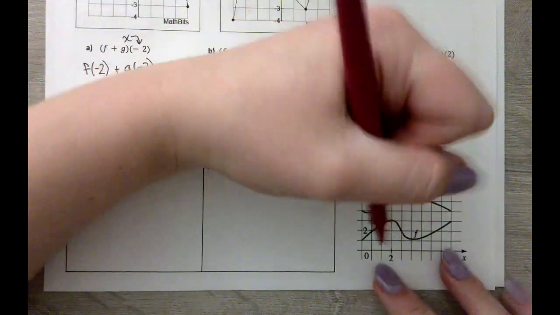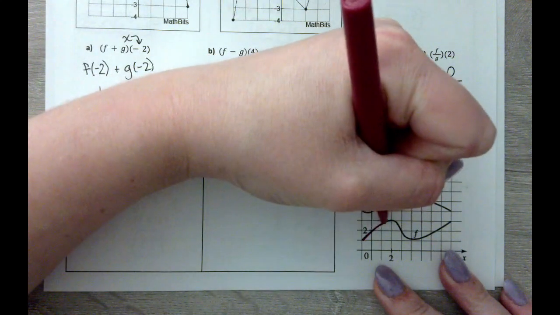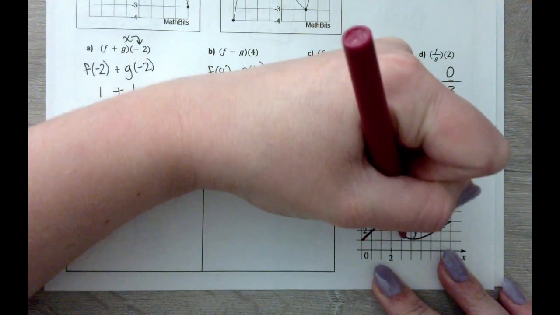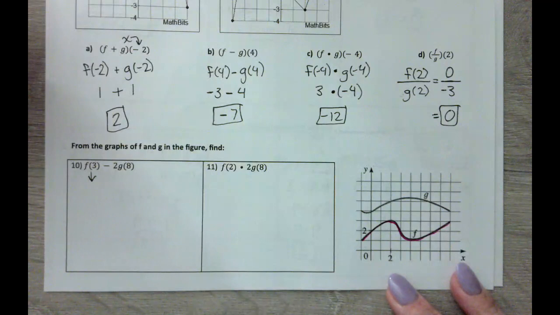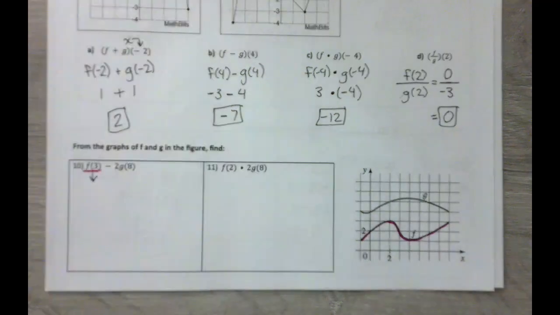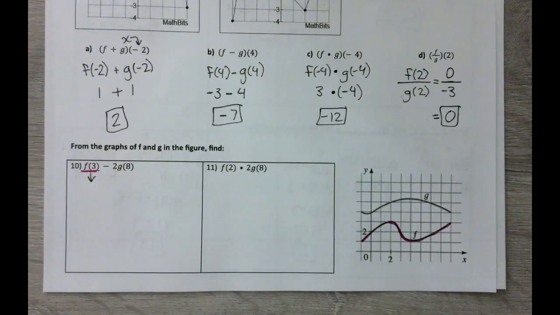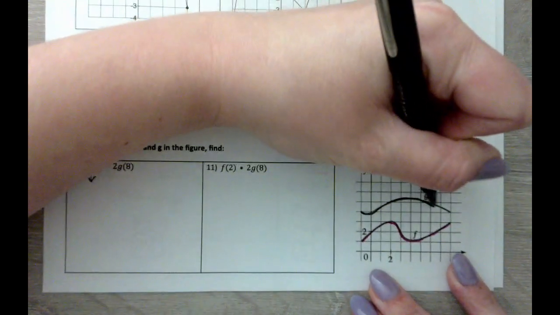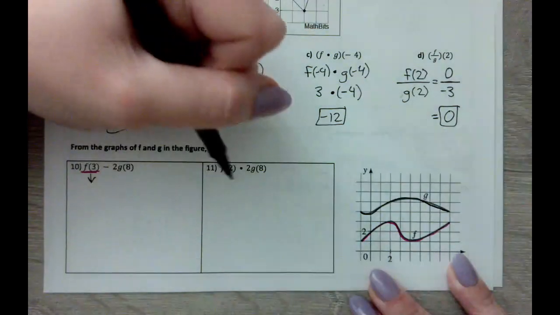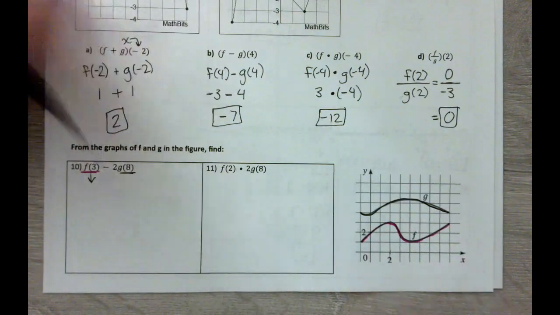And if it helps, you can highlight the graph in a color of your choice, just to make sure you're looking at the right curve at all times. So, I'm going to look at the pink for the f. And then g, since I'm using black, I'm just going to make it darker. G of 8.